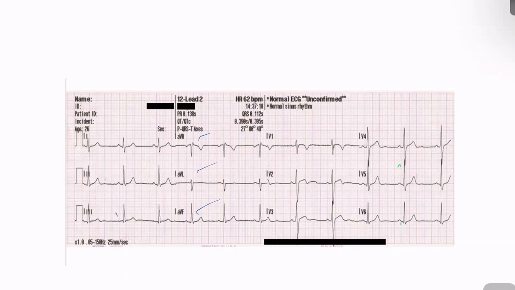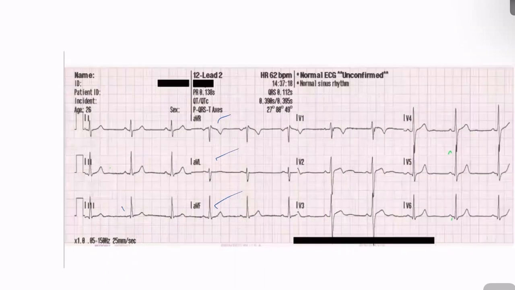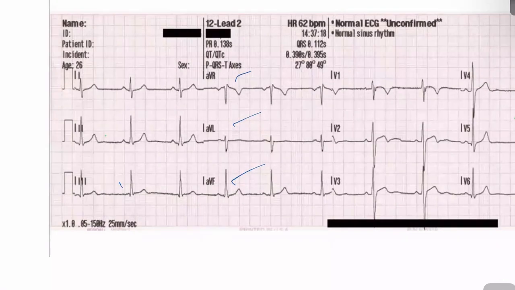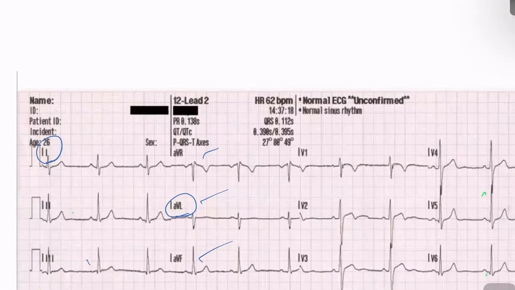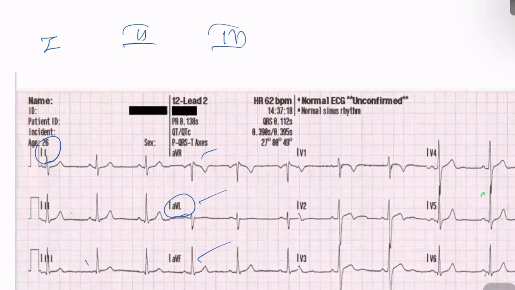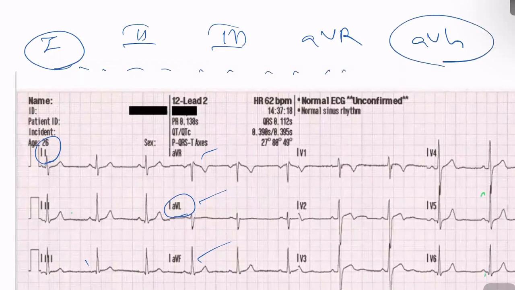And so the similar leads are not arranged together. You know, 1 and AVL are quite far away. If you use the 3-lead channel recording, it will be 1, 2, 3, AVR, AVL. So you have to look at 1 and then go down, and the AVL is quite far away.